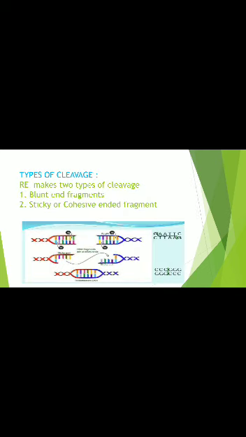Types of cleavage. Restriction endonucleases make 2 types of cleavage. First, blunt end fragments, and second, sticky or cohesive end fragments. The blunt end DNA fragments are formed when the restriction enzymes act on the line of symmetry, that is, they cleave both DNA strands precisely at opposite points.